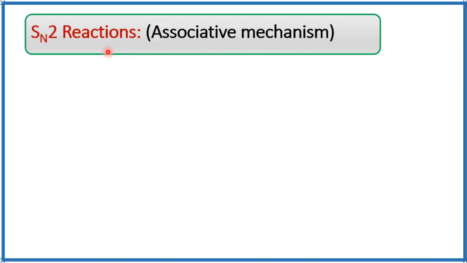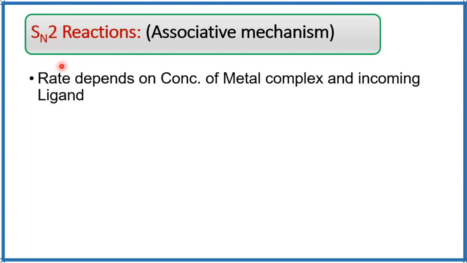Next, if we see the SN2 reactions. Contrary to SN1 reactions, the mechanism of these reactions can be called an associative mechanism. We have already seen N is the nucleophilic, S is the substitution, and 2 is the bimolecular. So the rate of the reaction in SN2 reactions depends on the concentration of the metal complex and incoming ligand.